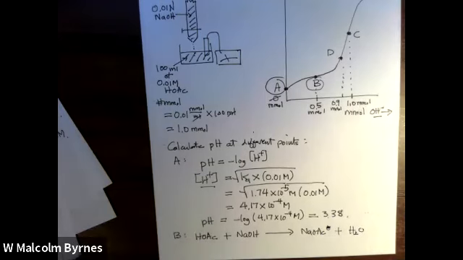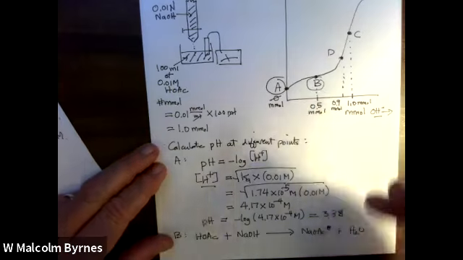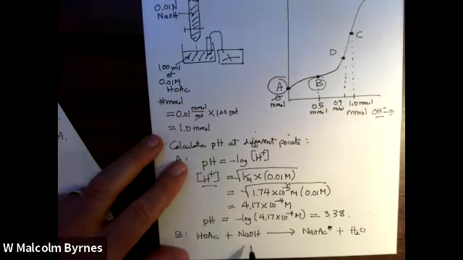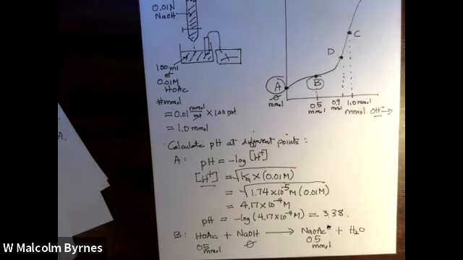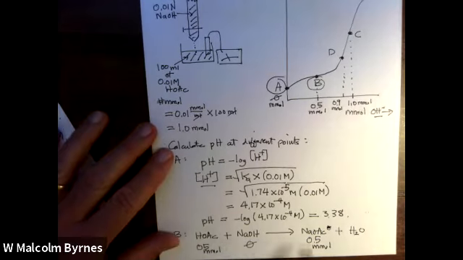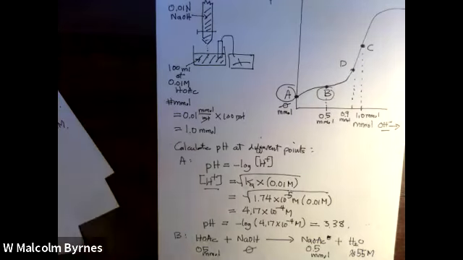We've added 0.5 millimoles of the sodium hydroxide, and it reacted up. We're going to have 0.5 millimoles of the acetic acid left. We would have formed 0.5 millimoles of sodium acetate from the reaction.